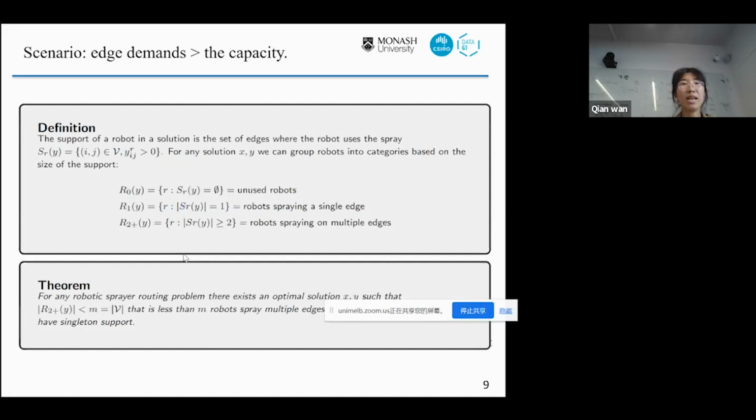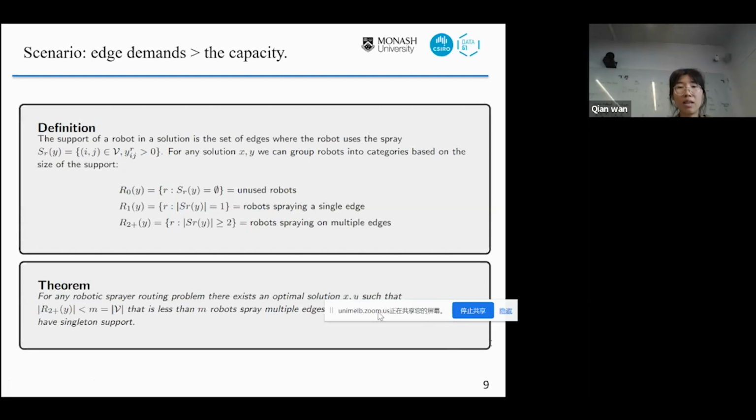Then when it comes to the scenario where the edge demands are much greater than the capacity, we can categorize the robotic sprayers into three different groups: the unused robots, the robot spraying a single edge, which we call a singleton robotic sprayer, and the robot spraying multiple edges, which we call a multiple-edge robotic sprayer.